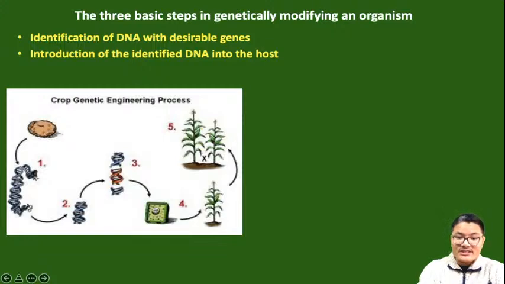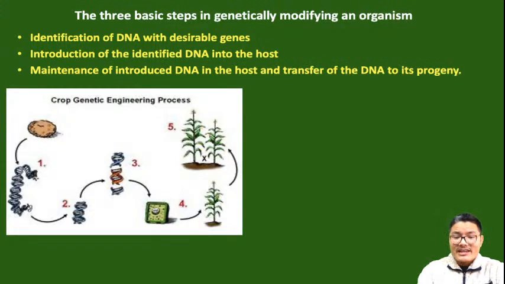This gene of interest will be producing lots of starch. And after introduction, or transformation, or injecting into the cell of the maize plant, that process is what is stated here: introduction of identified DNA into the host. The host here is the cell of the maize plant.